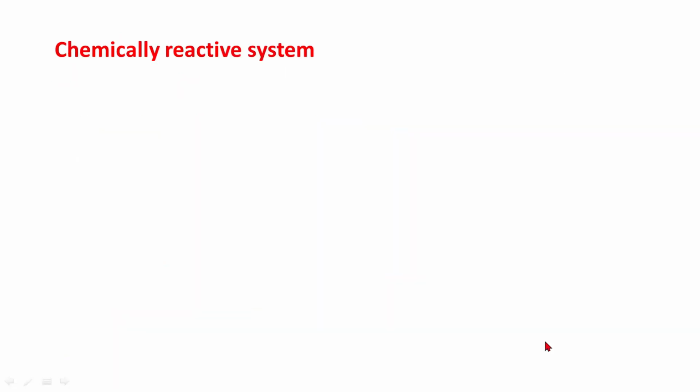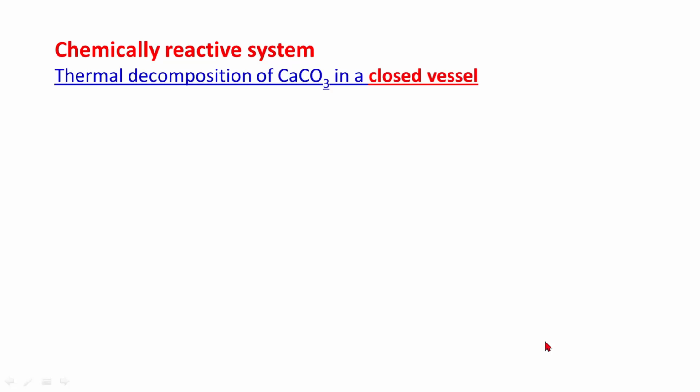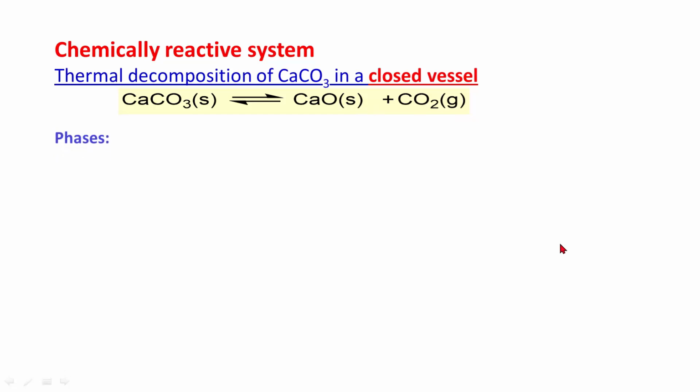In case of chemically reactive system, for example, thermal decomposition of calcium carbonate in a closed vessel. Calcium carbonate solid decomposes into calcium oxide solid and carbon dioxide gas. Number of phases in this case is 1 calcium carbonate, 1 calcium oxide and another gas. Number of phases is 3.